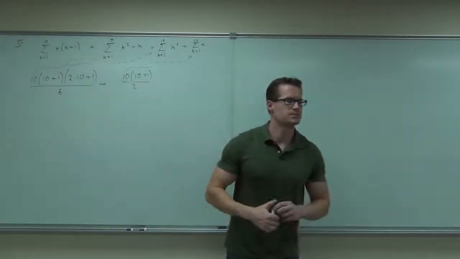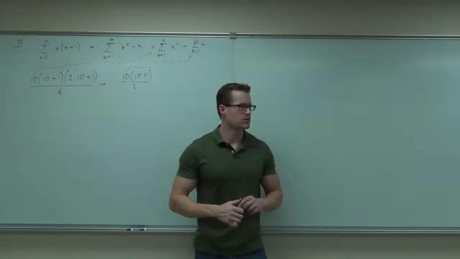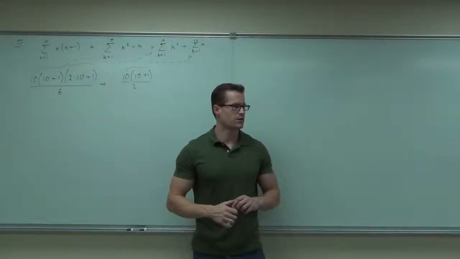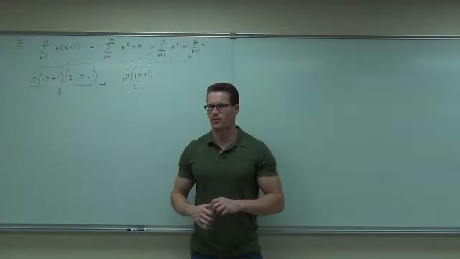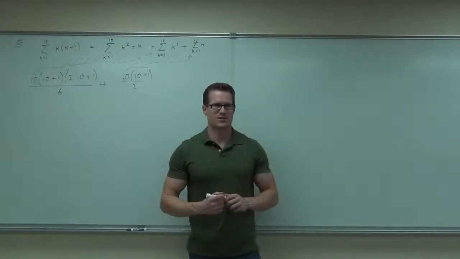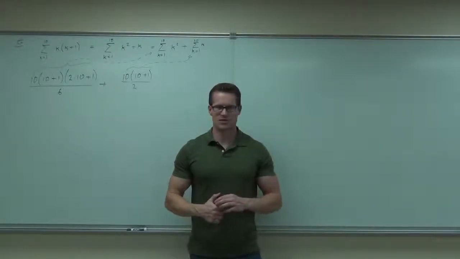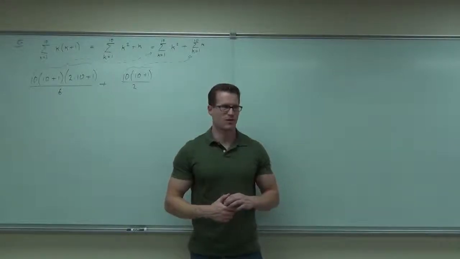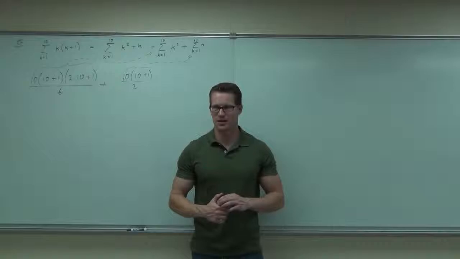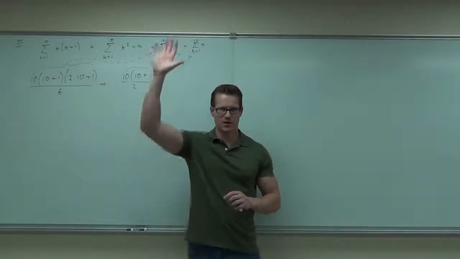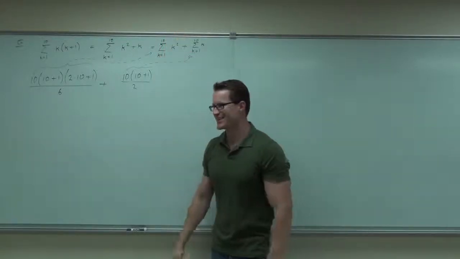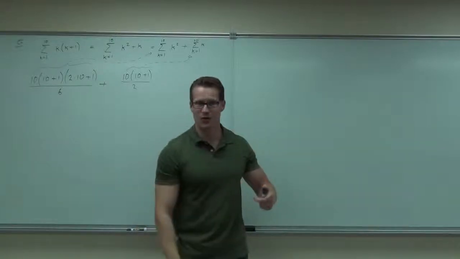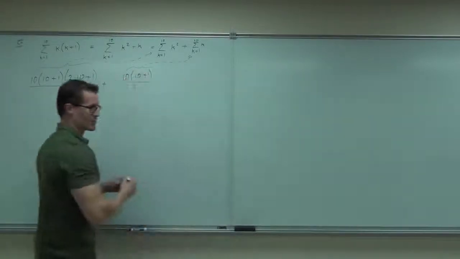What did you get? How much? 275. 430. Oh my gosh. 440? Yeah, 440. Let's get a quintuple check on that. How many got 440? If you didn't get 440, hopefully you're wrong, because that's what I'm putting on the board right now.